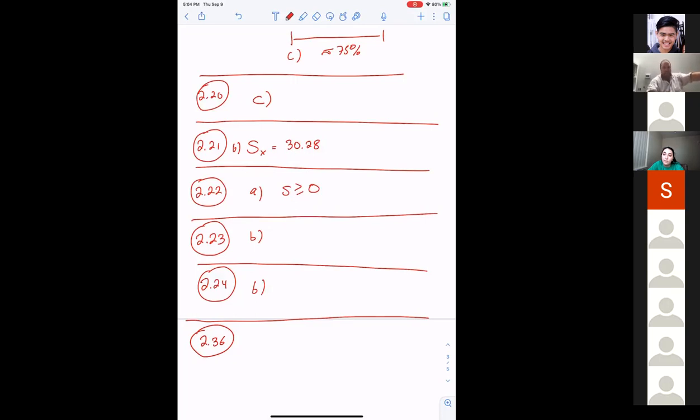Nevertheless, let's now answer the question. Compare the day of the week distributions using shape, center, and variability. Let's do shape. Which of these are symmetric or nearly symmetric?